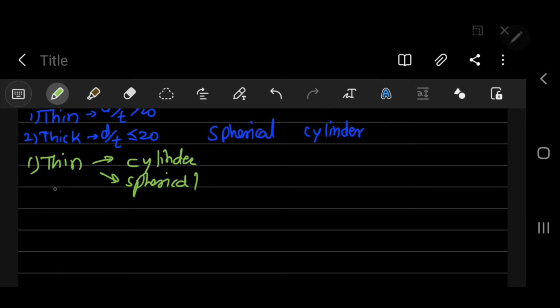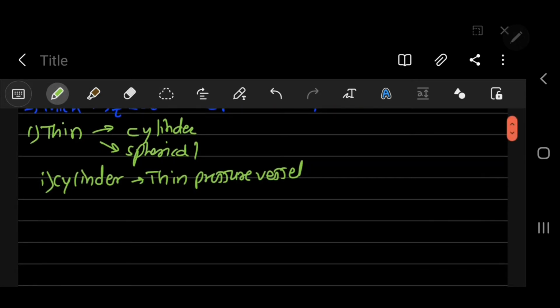Firstly, we will consider a cylindrical thin pressure vessel. In this type of pressure vessel, there are three types of stresses which will be induced.